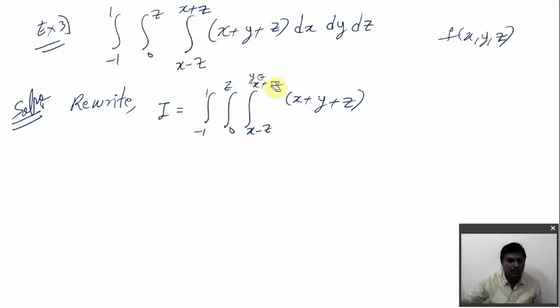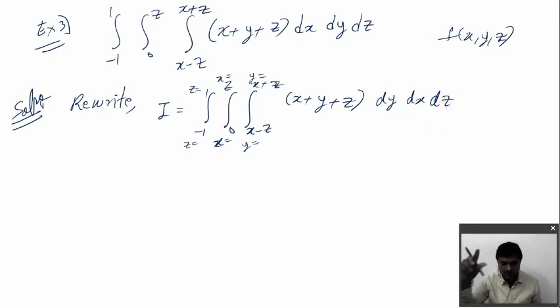So definitely this is going to become y. Next, x and z is there. Please remember here, what is missing? X is missing. So this is x. And here, last term, y and x is over. Last term is going to give you z. So this is term of y, this is term of x, and this is term of z. Therefore, I have to integrate first dy, then dx, and then dz.